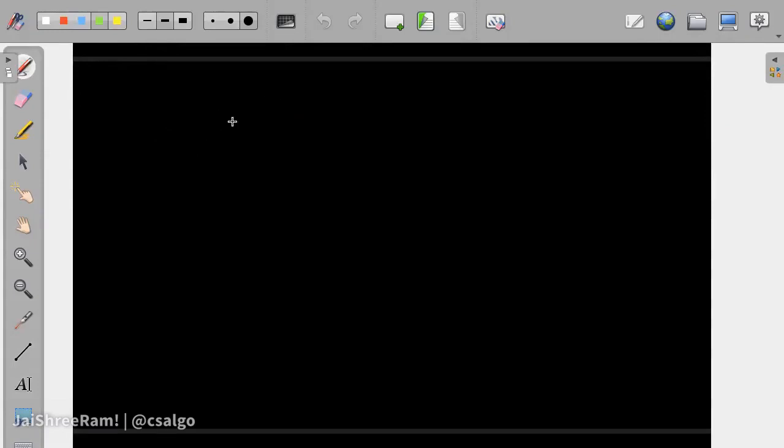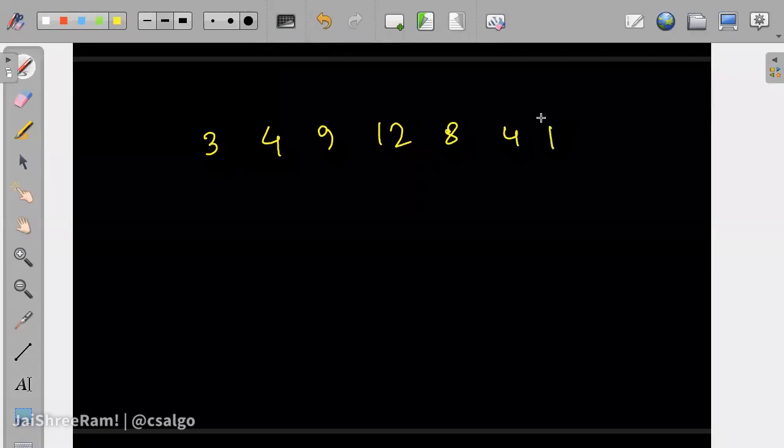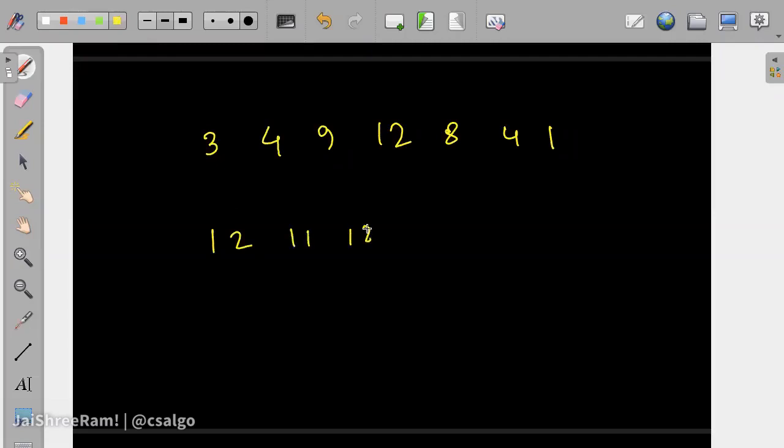Okay, so let's suppose you are given an array and this is a bitonic sequence, a bitonic array. What I mean by bitonic array is it's first increasing and then it's decreasing, something like this. Does this make sense? It can be something like 12, 11, 10, always decreasing.